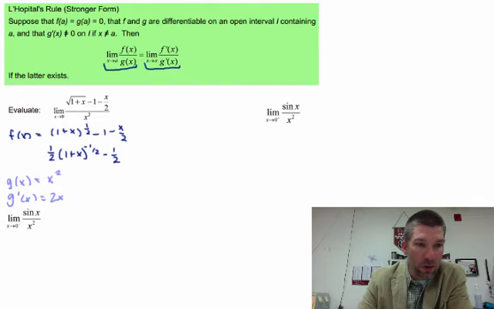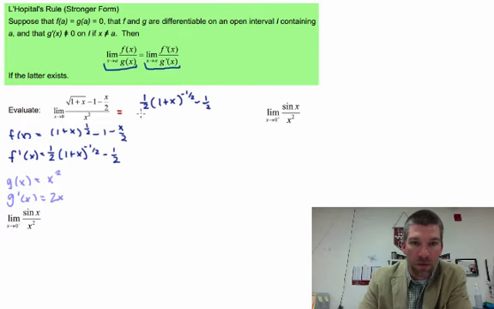And what we're going to do is look at this limit again. And this time we're going to put our derivatives in. So this is f prime of x here. And in the top, I'm going to have 1/2 times 1 plus x to the negative 1/2 minus 1/2.